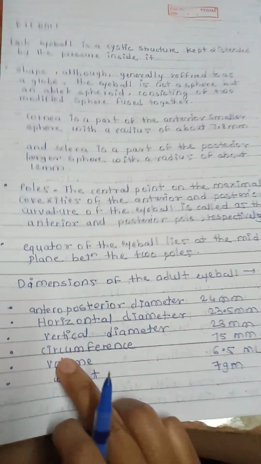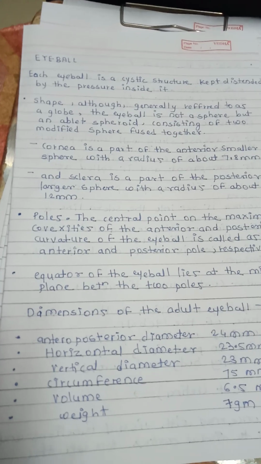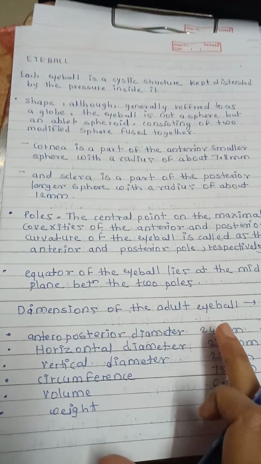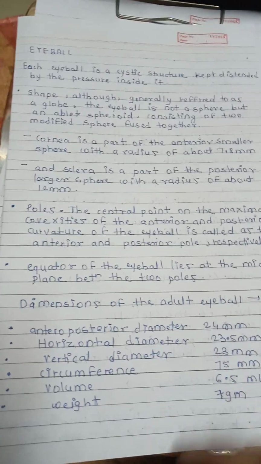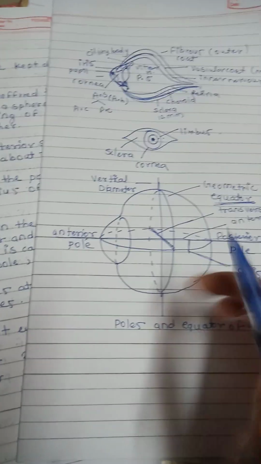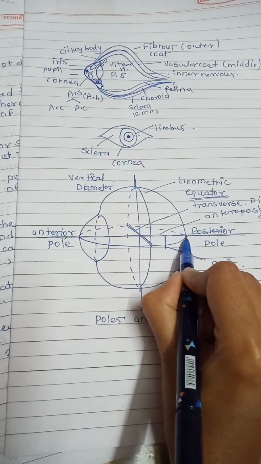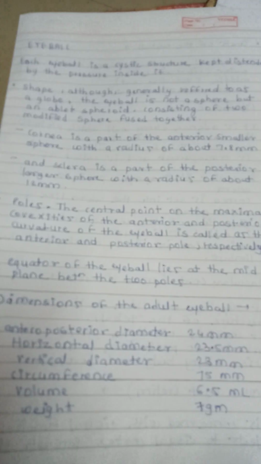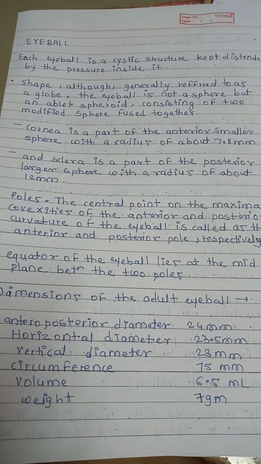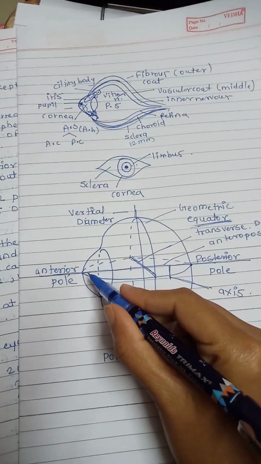Then the dimensions of the adult eyeball. Anteroposterior diameter is 24 mm. Horizontal diameter is 23.5 mm.